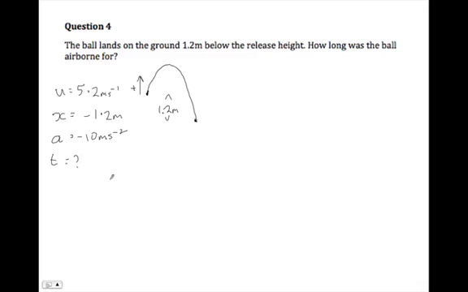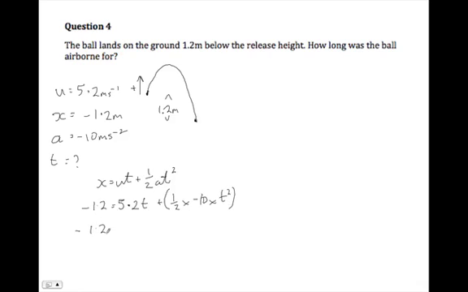Alright, so x equals ut plus a half at squared. That includes our 4 things in here. x is minus 1.2 equals u, which is 5.2, times t, plus half times minus 10 times t squared.